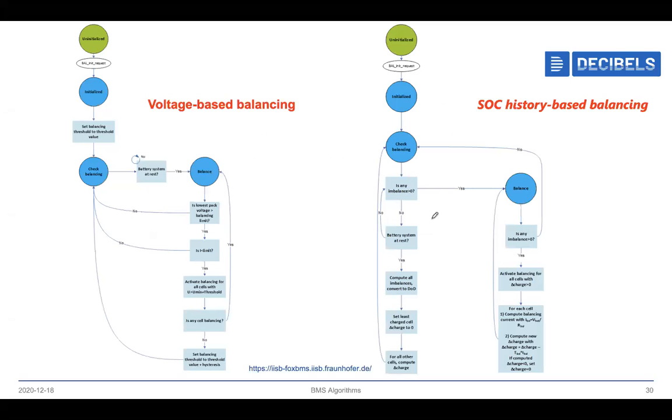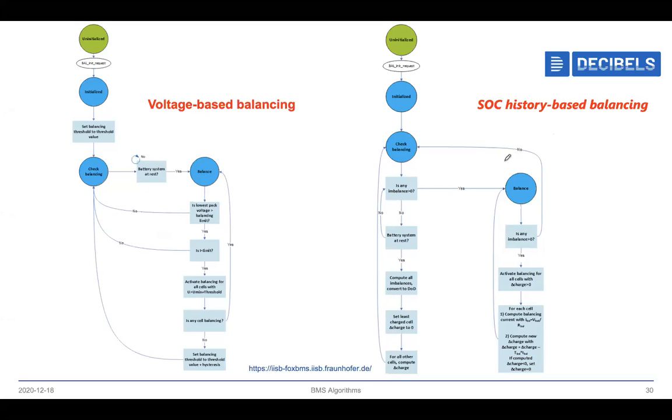These are some of the algorithms which I found very interesting from the Fox BMS website, and I put them over here. They are really interesting. One is voltage-based balancing and the other is SOC-based balancing. First we switch on the BMS and initialize the balancing circuitry.